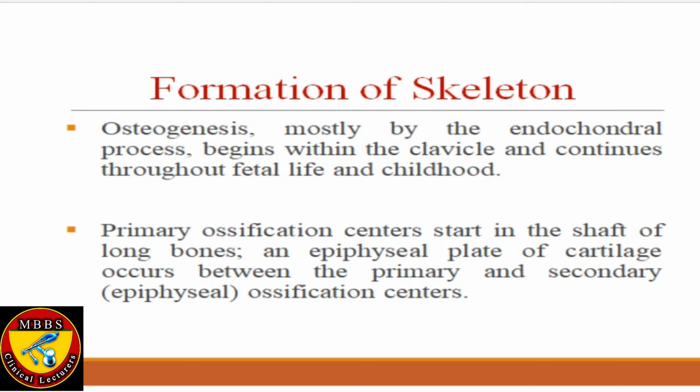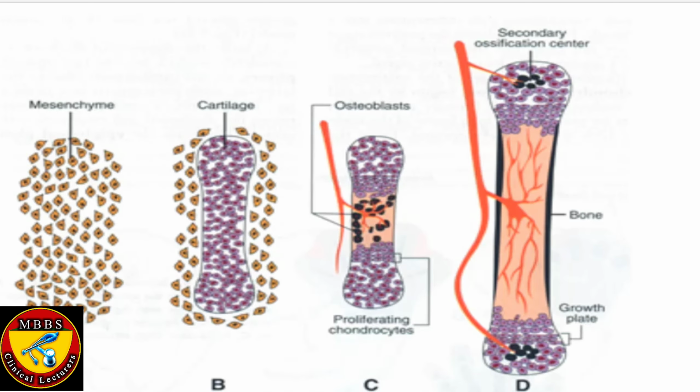Now, when the bone formation occurs, there is a primary ossification center that is formed in the shaft of the long bones, and there is an epiphyseal plate that occurs between the primary and the secondary ossification centers. Here is a figure showing you the mesenchyme. The mesenchyme has been replaced by the cartilaginous model, and later on the cartilaginous model is slowly and gradually replaced by bone formation.